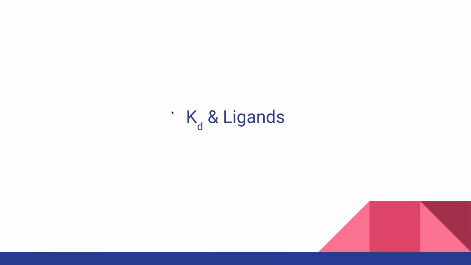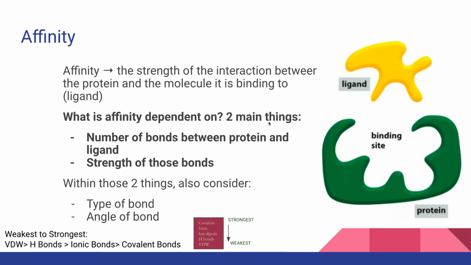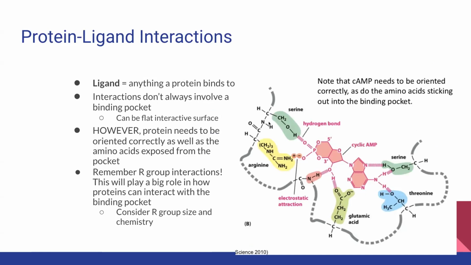Okay, and now KD and ligand interactions. Okay, so protein ligand interactions. A ligand is just anything that a protein is going to bind to. It doesn't always have to be a binding pocket, but there's a site for binding. You're going to have your binding site composed of various different R groups and chemistry and shape.